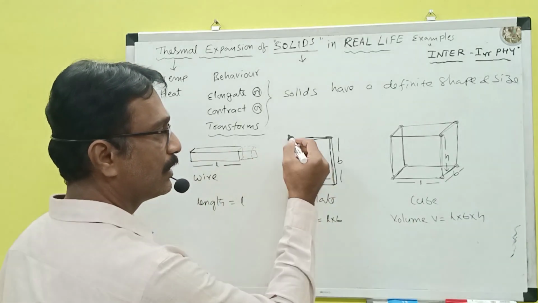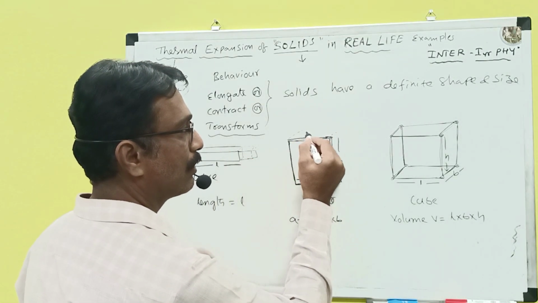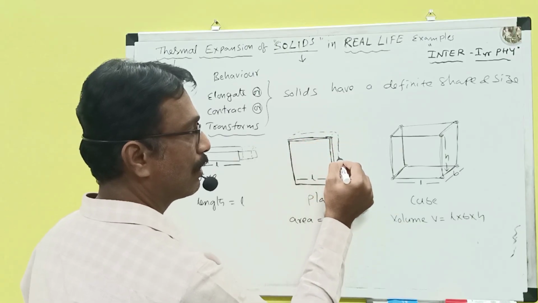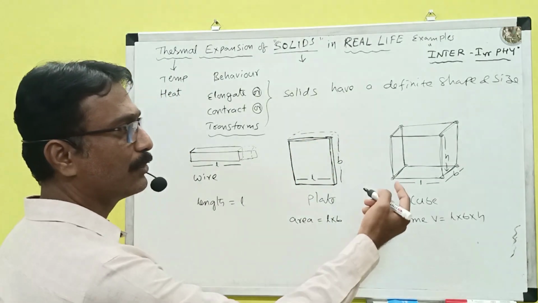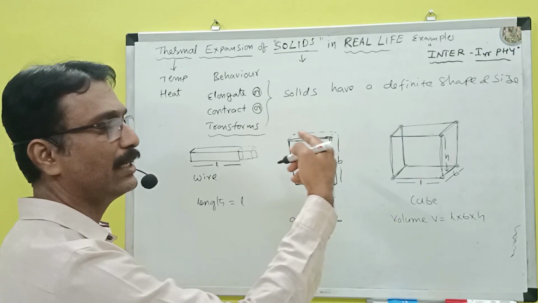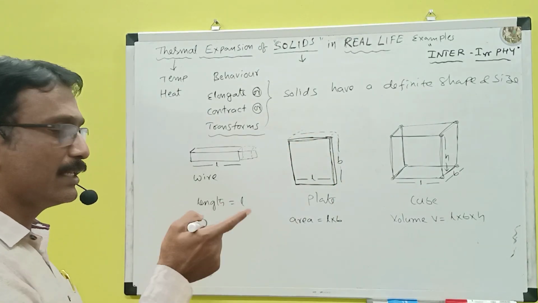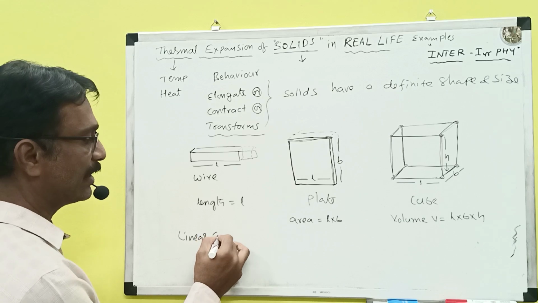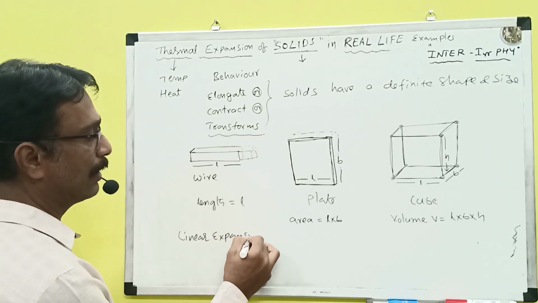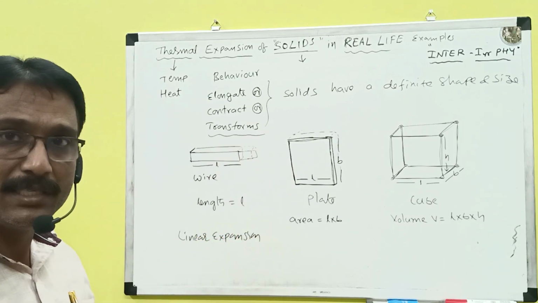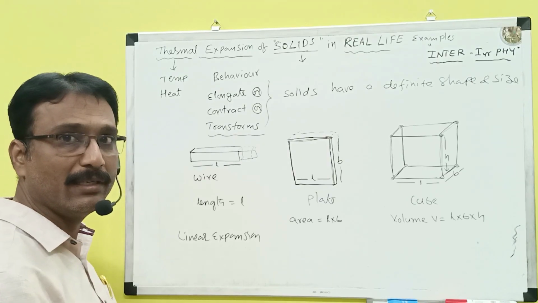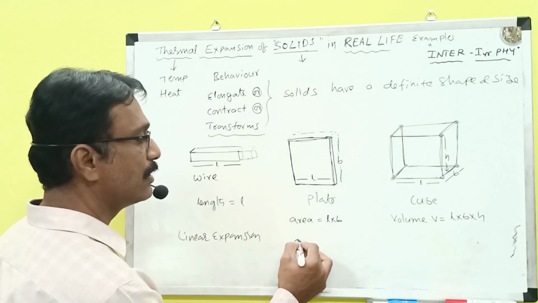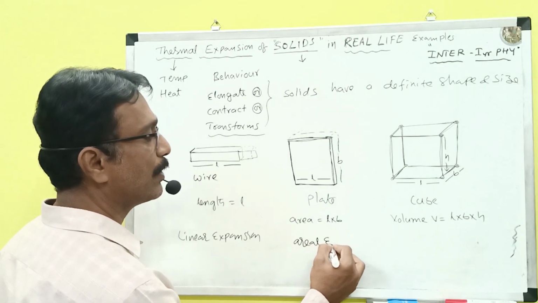If it is heated, there is a change in its area, like this. And in the volume, there is a change in length, breadth, and height. When there is a change in its length, this is known as linear expansion. If there is a change in the area of the material on heating, this is known as areal expansion.